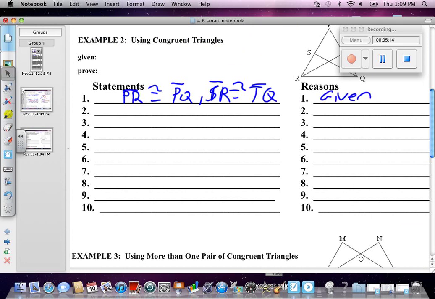Looking at this triangle, we've got two sides that are congruent to each other. So we need an angle or a side. We can have another side. RQ is congruent to RQ by reflexive.